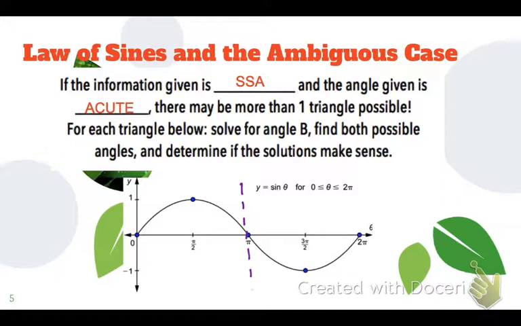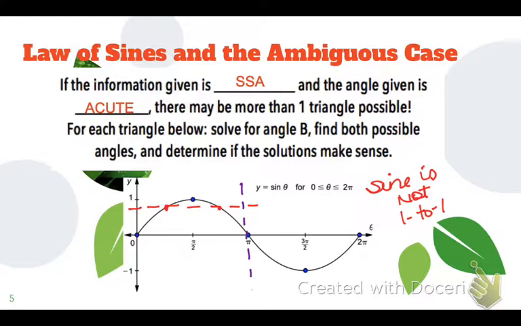But a sine graph is not a one-to-one function, meaning that for a certain sine value, it's possible for me to have more than one angle with the same sine value. So sine is not one-to-one.